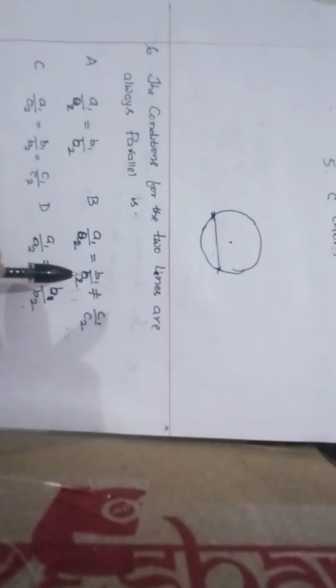C, A1 by A2 equals B1 by B2 equals C1 by C2. D, A1 by A2 not equal to B1 by B2.